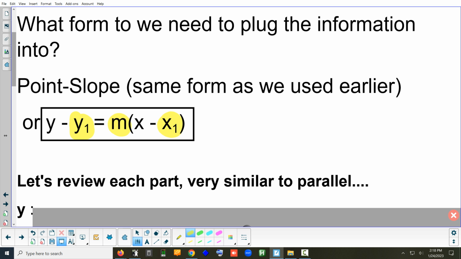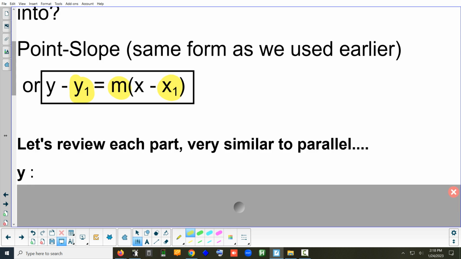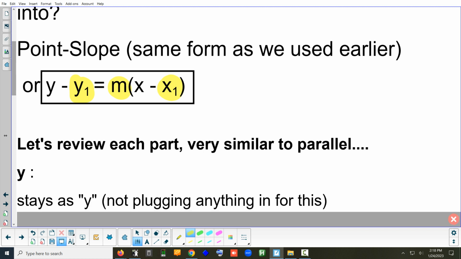You might not remember because we did it a while ago, but that's why I'm reminding you right now. Do we change the y? No, y stays the same. So if you want to just put y stays the same, you can put that. You're not plugging anything in for that.